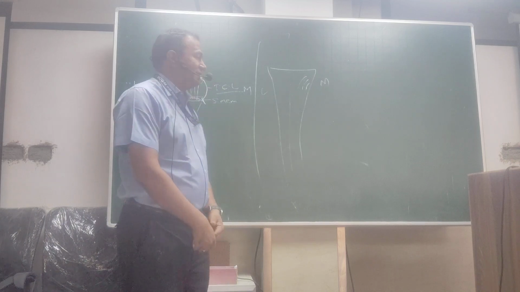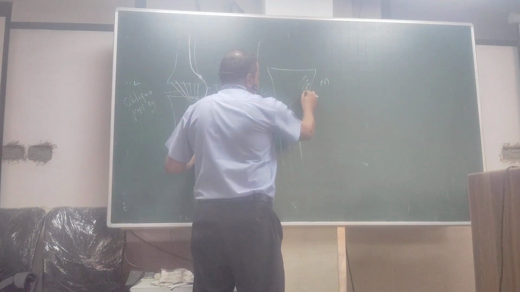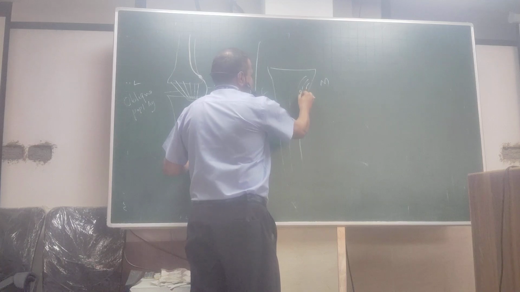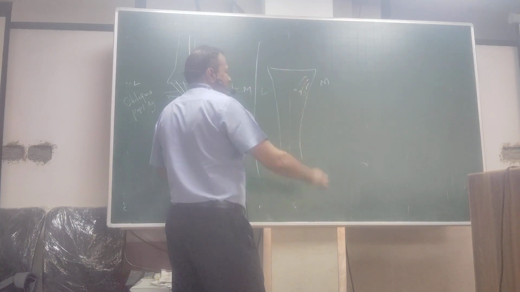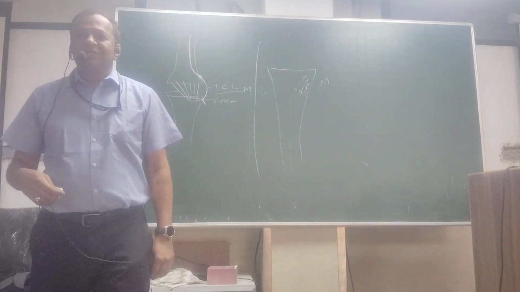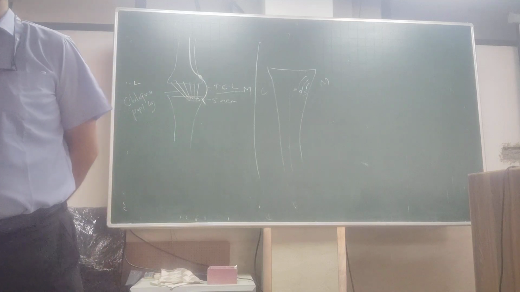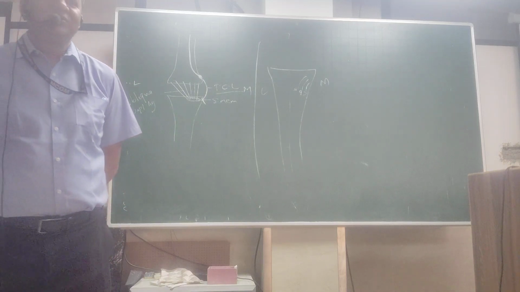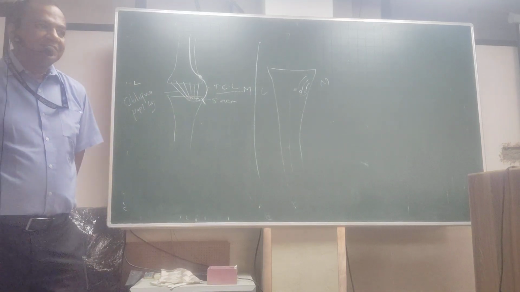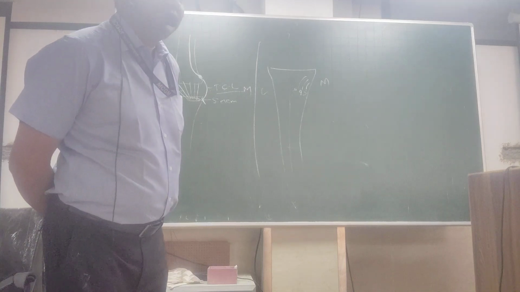SGS, sartorius gracilis semitendinosus. Sartorius gracilis semitendinosus. सुमित गणपत सोनाम.